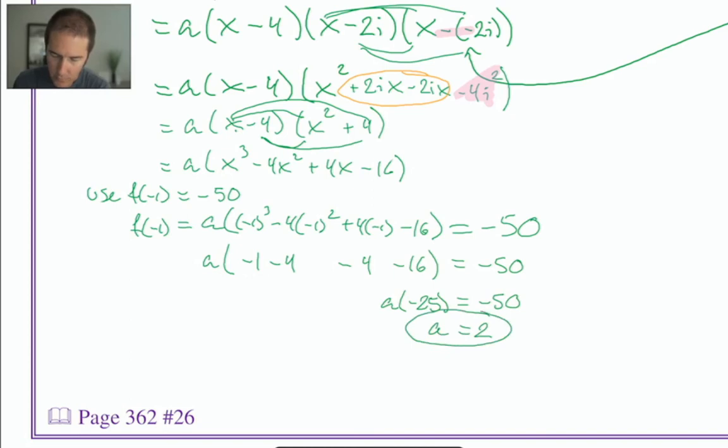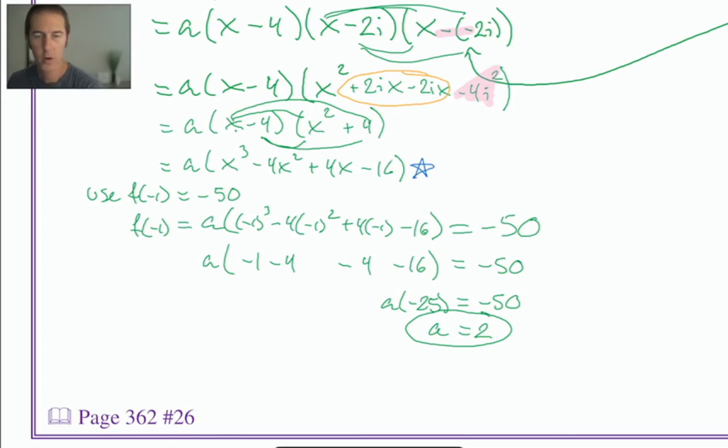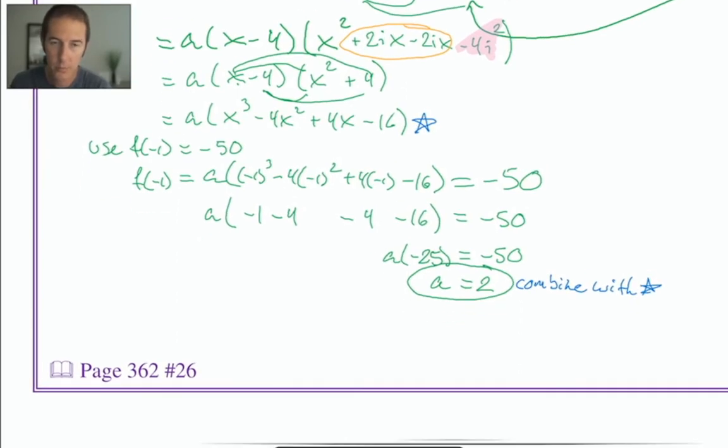I'm going to take this 2 and plug it back into here. Now don't draw that line that I just drew. Let's do something a little bit more graceful. Let's put a star next to our almost completed polynomial there that we were just missing the a value. Down here where it says a equals 2, let's say combine with star, or you could say plug into star.